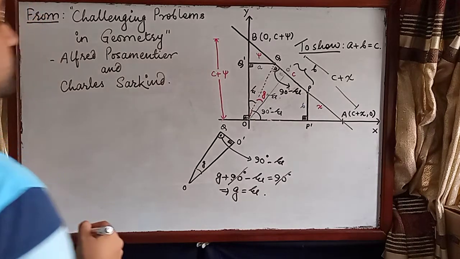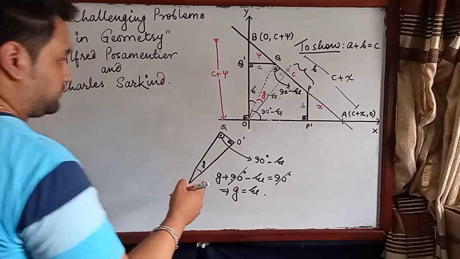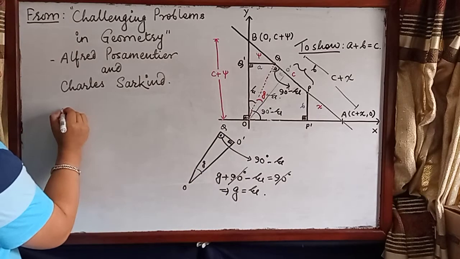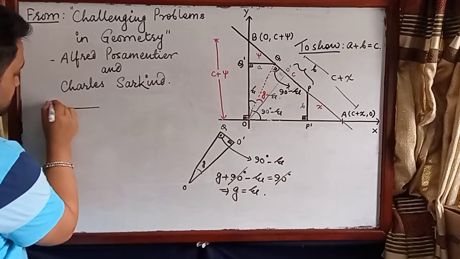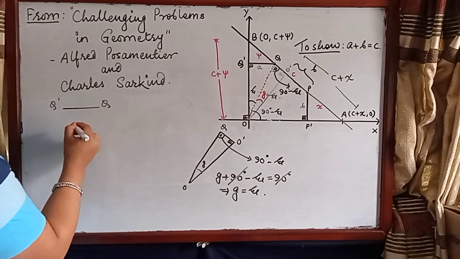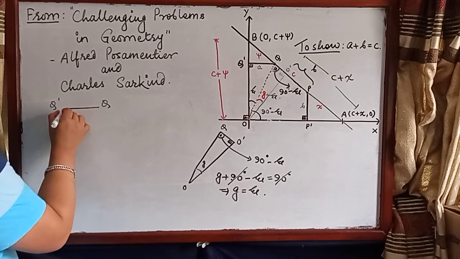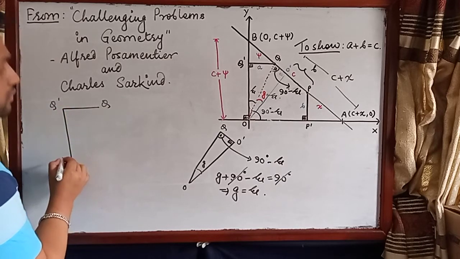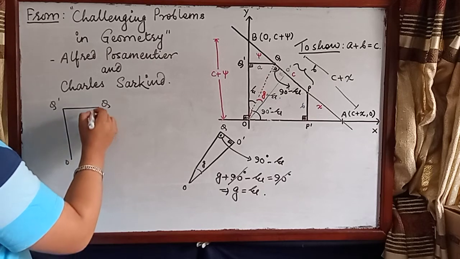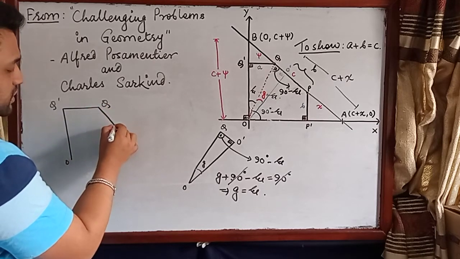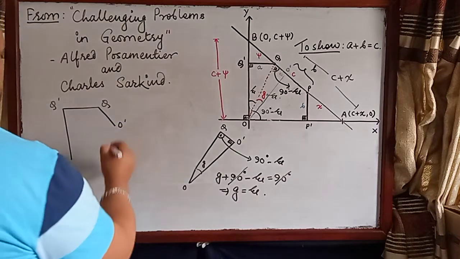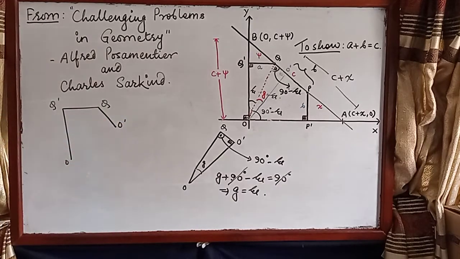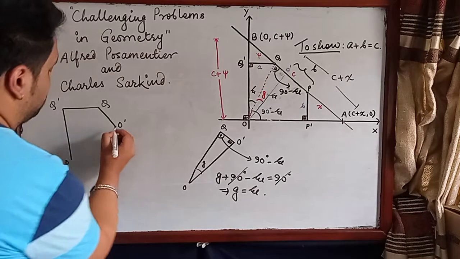Now let's look at this part of the diagram, Q dash. Here's O, here's O dash.